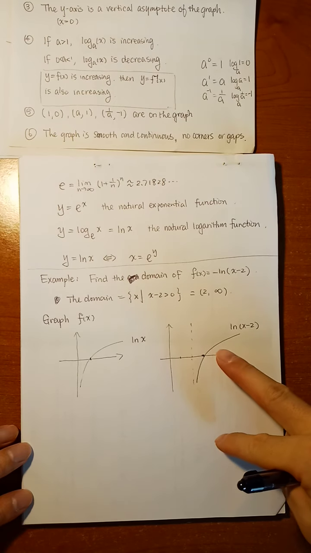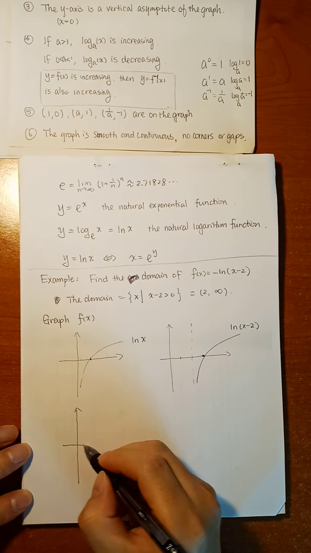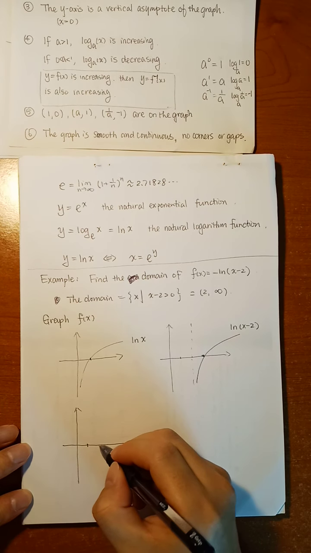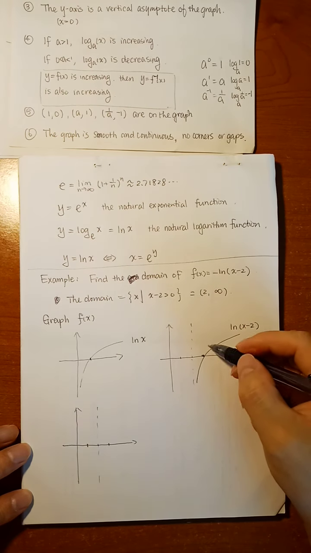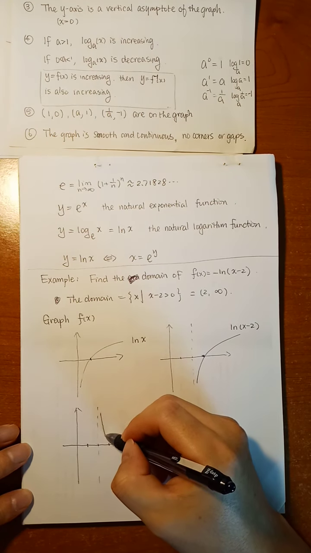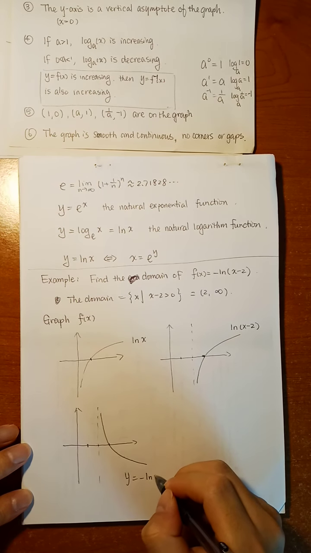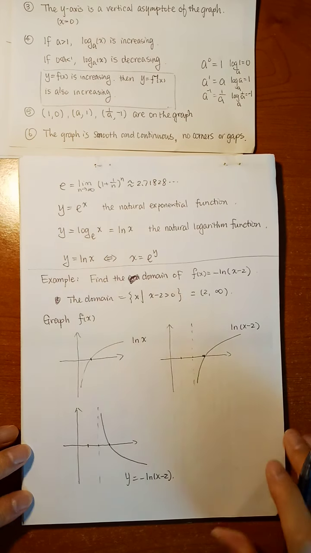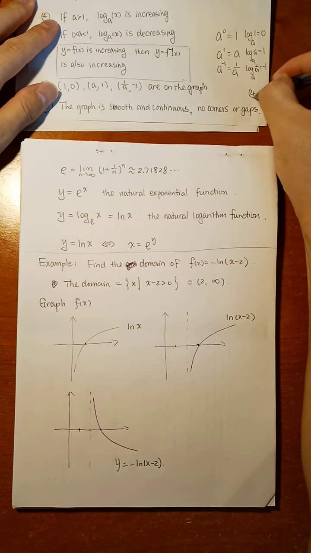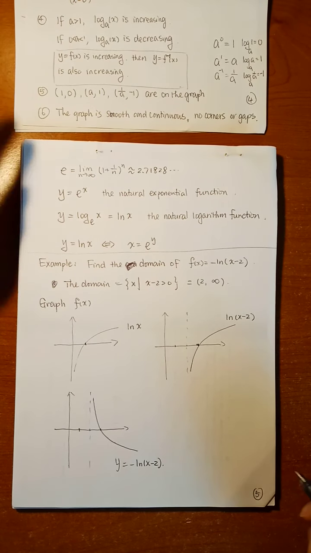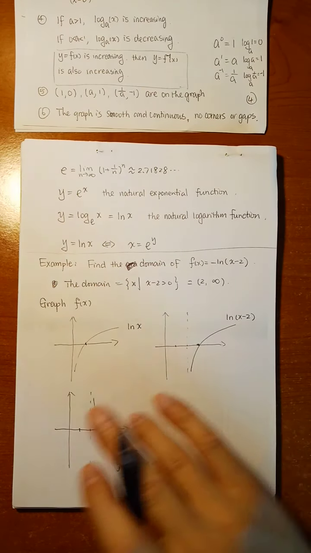Negative sign means you're going to reflect it about the x-axis. So this is the final graph. You do one translation and one reflection.